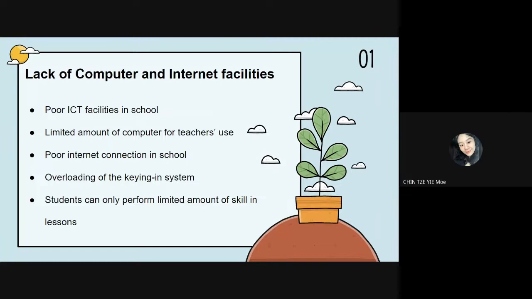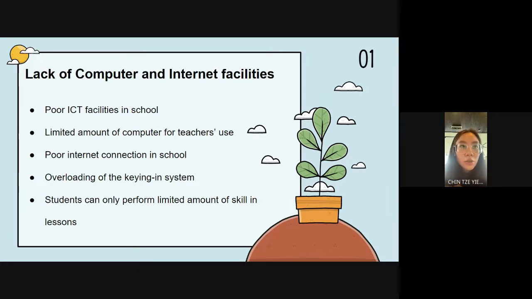The next issue will be lack of computer and internet facilities. Most of the schools in Malaysia have poor ICT facilities provided for both the teachers and the students. As for teachers, the issue they are facing is a limited number of computers for their use. For example, when teachers need to teach a lesson that uses ICT, or when they need to key in students' data into the computer, they face poor internet connection and overloading of the keying in system.